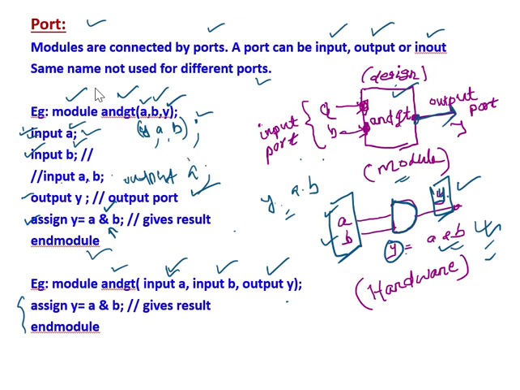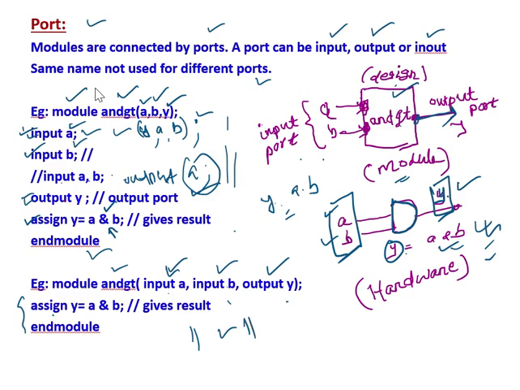Already I have taken variable A for the input port, so I cannot use it again for an output port. So this is another way to declare this module: input A, input B, output Y, then directly I can write assign Y equal to A and B. Both codes give the same result. Either way you can declare it.